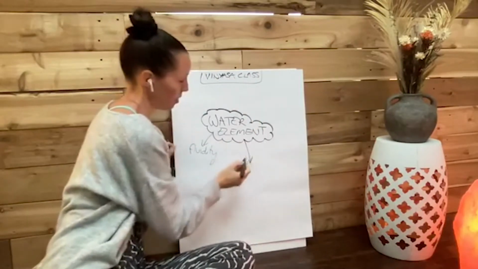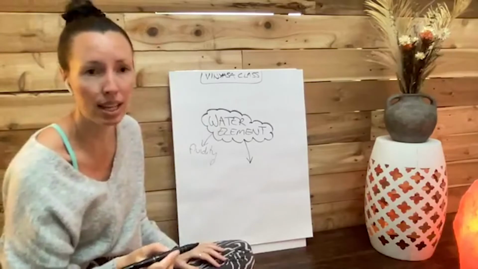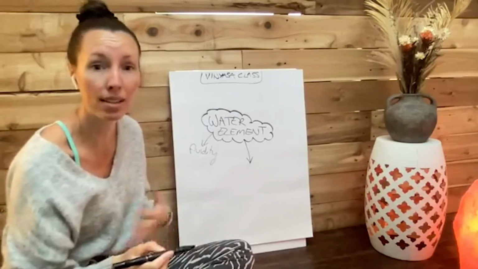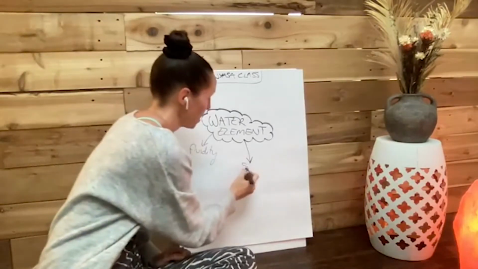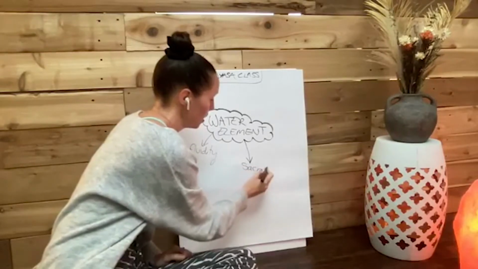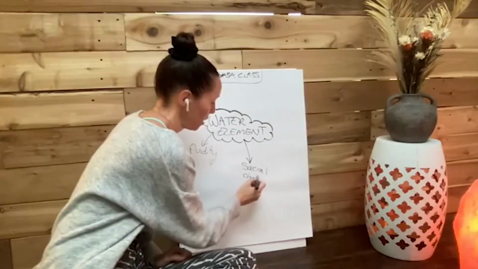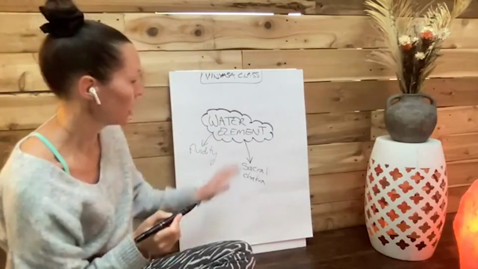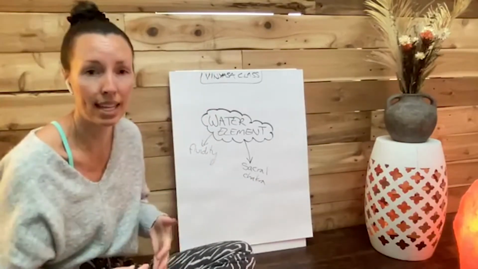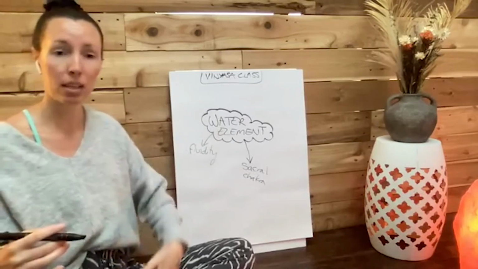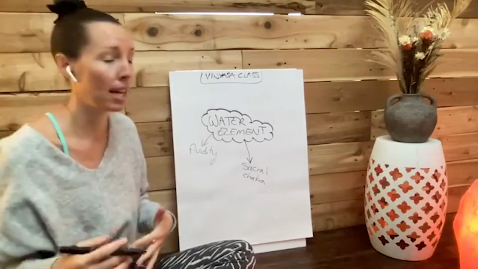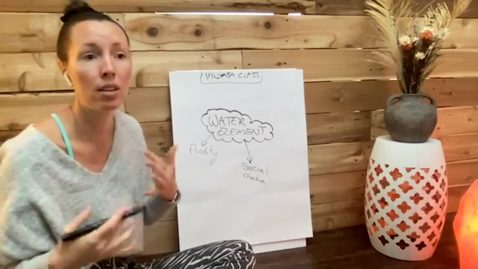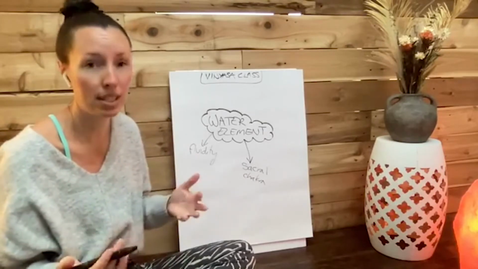When I think of water, I also think about the sacral chakra because that is governed by the water element. Sacral chakra, which is Svadhisthana. And the sacral chakra is located between the belly button and the pubic bone. And it's this space of creativity, fertility, fluidity.